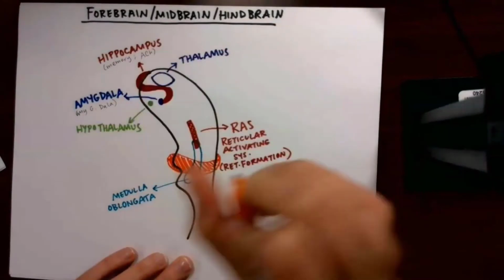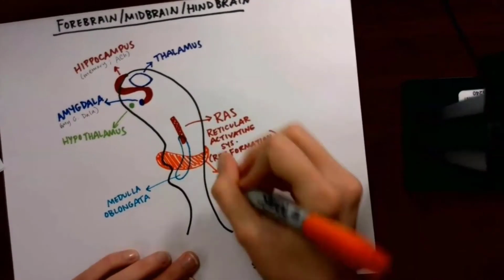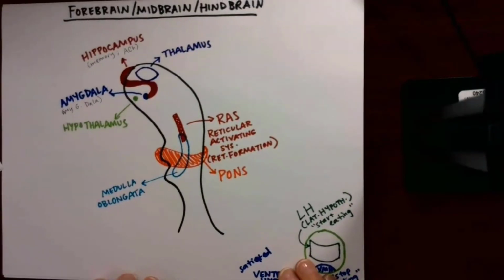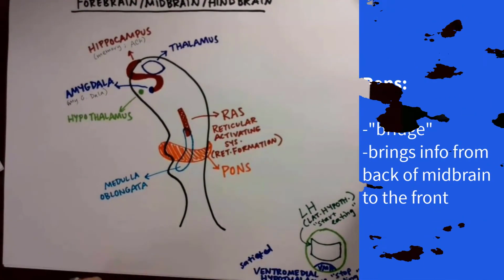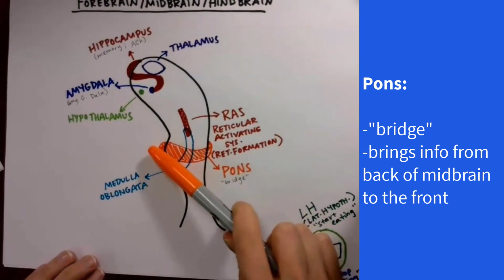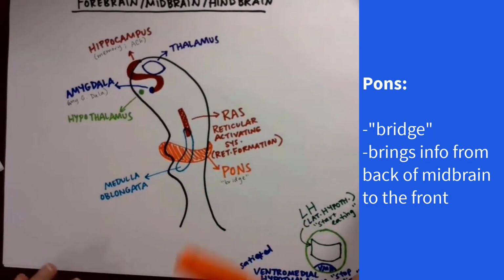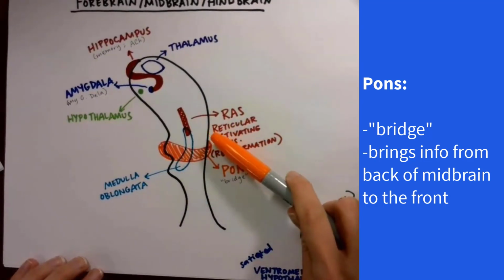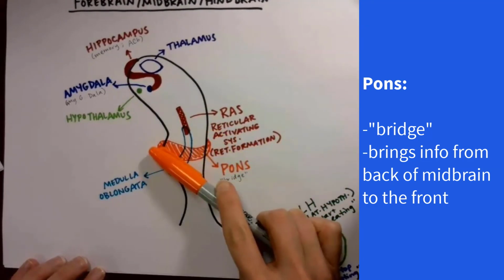Okay, this is called the pons, P-O-N-S. And the word pons means bridge, and it is a bridge from the back to the front. It takes information from the back of the midbrain to the front.